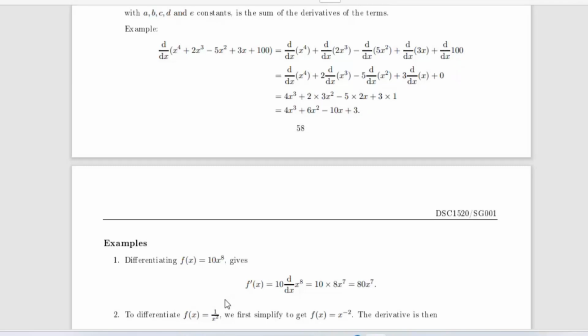Because it's easier to work with, sir. Sir, because from what I remember, the standard rule is that when anything is to the power of a negative number, it becomes a fraction, which means that you can actually reverse it.